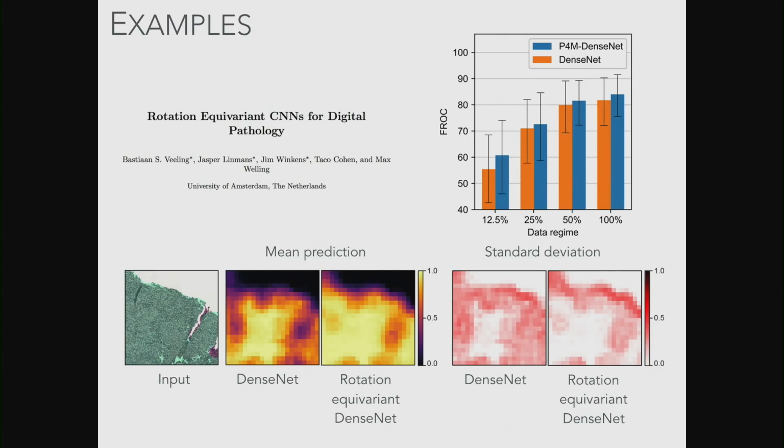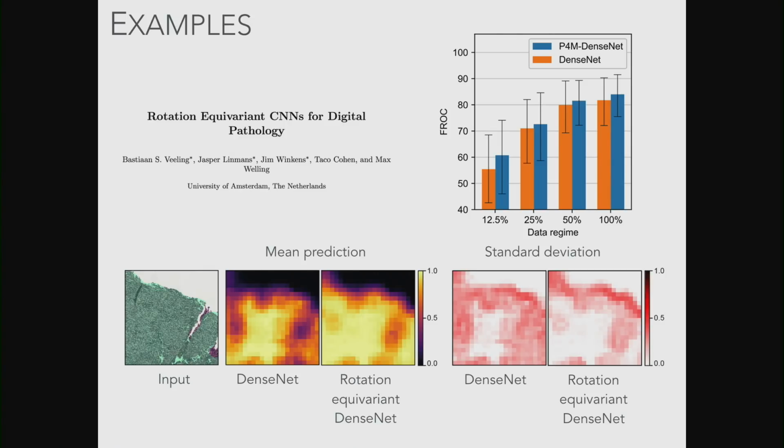Here's some examples. So, as I said, I moved to University of Amsterdam. In my lab, which is the Philips lab, there's a guy called Bas Veeling. And Bas has applied these group equivariant CNNs to histopathology screening. So what we have here on the left is a slide from a histopathology slide.